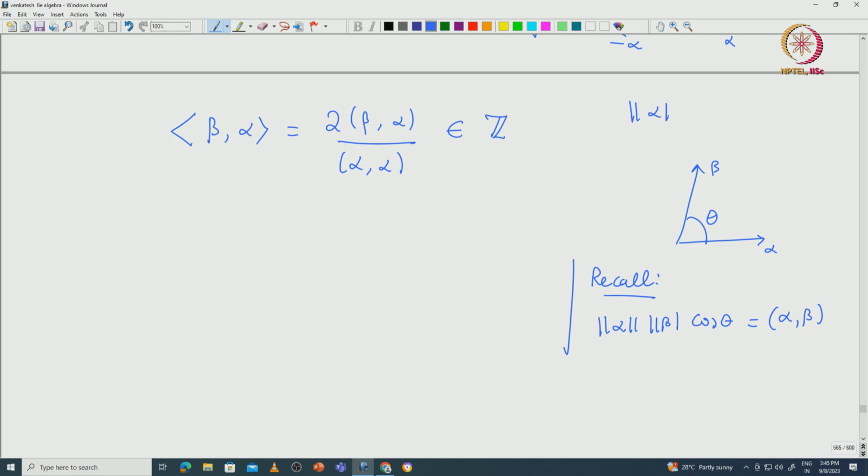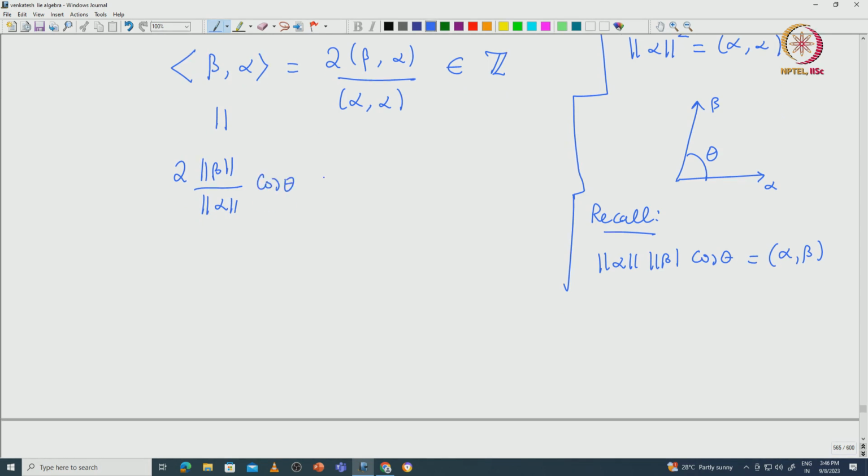What is the norm of α? By definition, norm squared of α is just (α, α). Using this, we can see that this Cartan integer is equal to twice the norm of β divided by the norm of α times cosine θ. In particular, if we multiply the Cartan numbers ⟨β, α⟩ and ⟨α, β⟩, we will have lots of restrictions. So, let us multiply these Cartan integers.